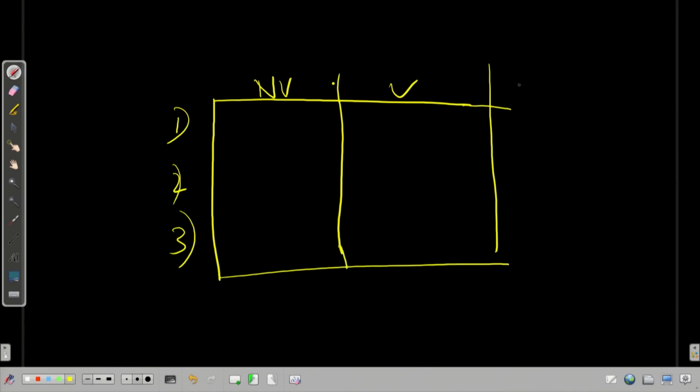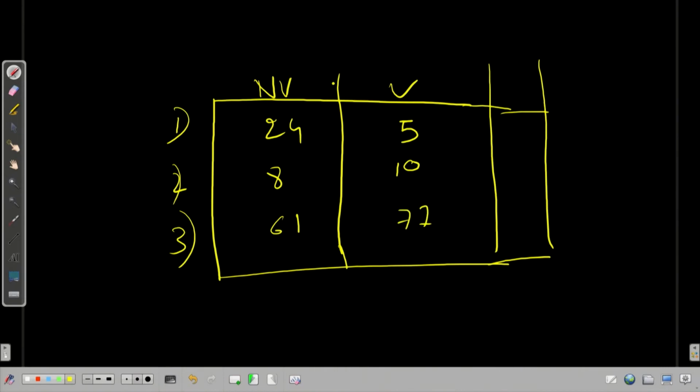So, what was our observed value? Initially, I will make the whole table, that will be better. Our observed values were 24 and 5, 8 and 10, 61 and 77, and this was 76.